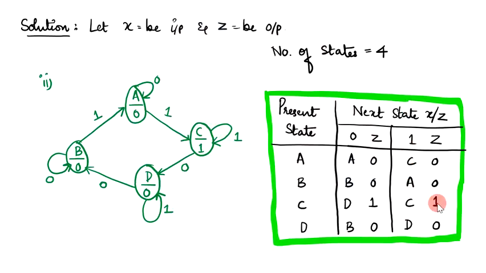So this always corresponds to the output in the Moore machine. So you should remember that. That is why we get the state table in this particular form. You are in D, you move to B with an input 0 and output 0. You are in D and you move to D itself with an input 1 but output is 0.